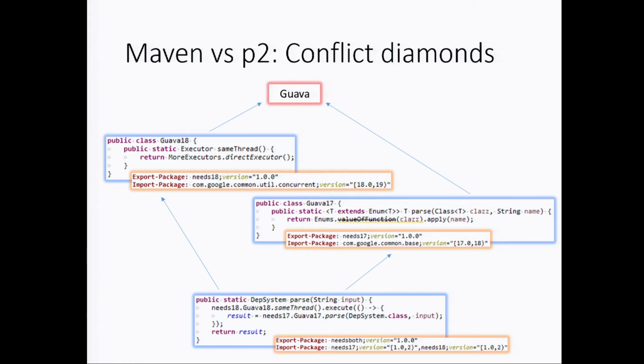And that means that for this bottom dependency, which needs package 17 and 18, the Guava conflict is invisible to it. It can't see it. And so the OSGi runtime is able to put Guava 17 and 18 on the class path at the same time and make sure that the code that needs Guava 18 gets it, the code that needs Guava 17 gets that, and everything just works out very nicely.